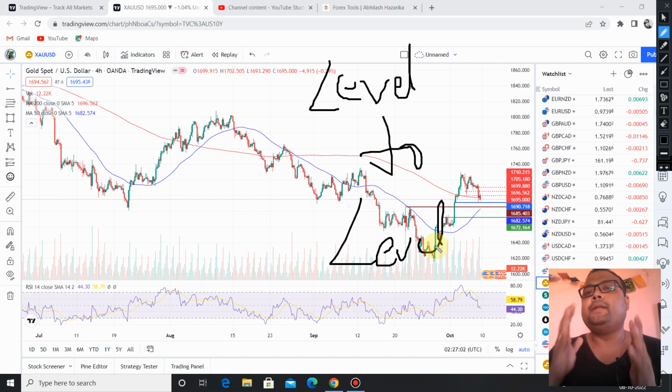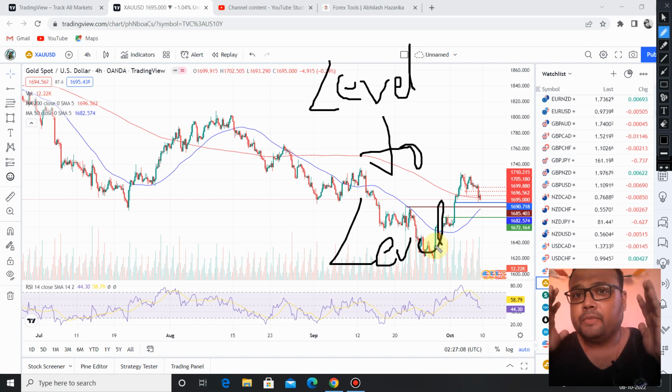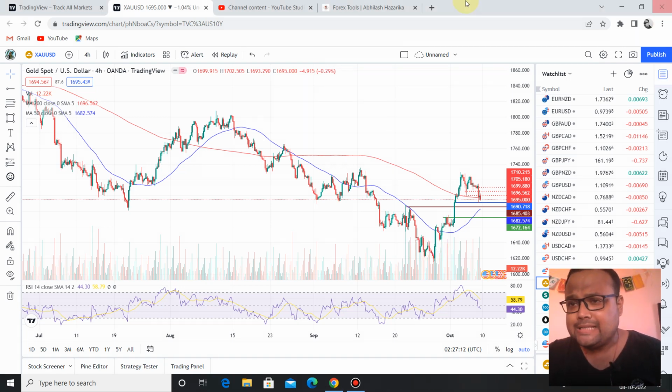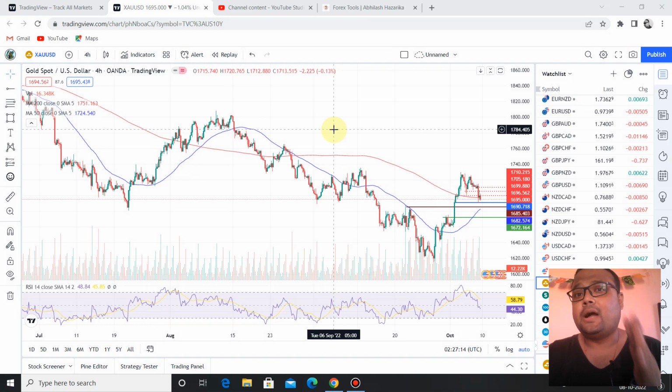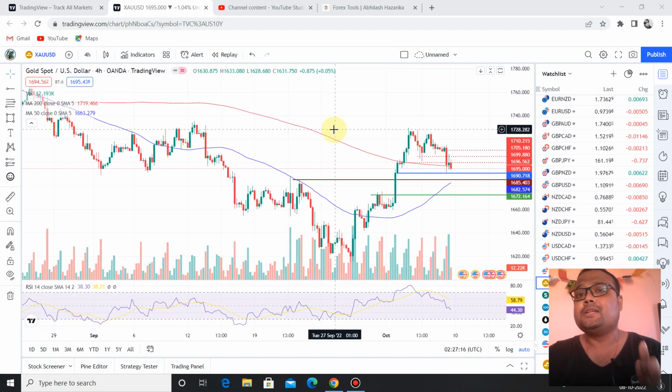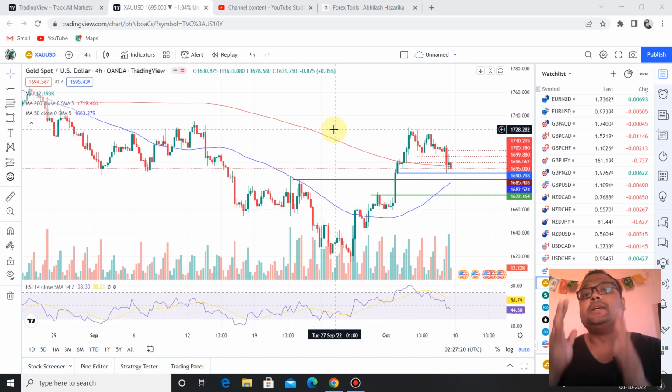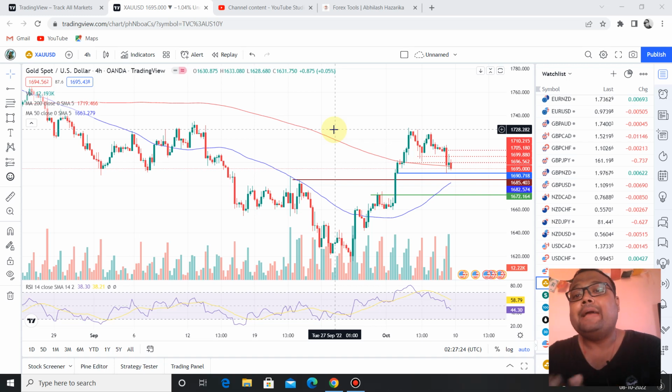But if you have limited capital right now, if you're a beginner, it's time to protect your hard-earned money and trade from level to level only. As I always say, do not gamble with your hard-earned money. Try to understand the nature of the market. The nature of the market does not remain the same. The nature changes from time to time.